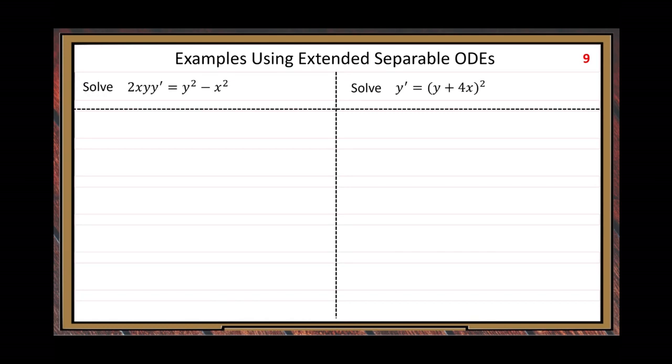Two questions. Let's solve the first one. Here, we want to use the separable method to solve it. But if you look at the form directly, it's not separable, right? Not directly separable.